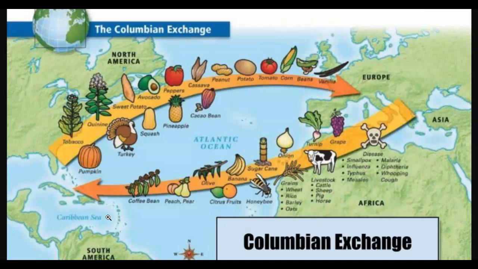Europe comes to America and discovers here, having never had it before, tobacco, quinine. Quinine is a plant that produces a kind of juice that you can use to treat malaria. Sweet potatoes, avocados, peppers, peanuts, groundnuts, potatoes.